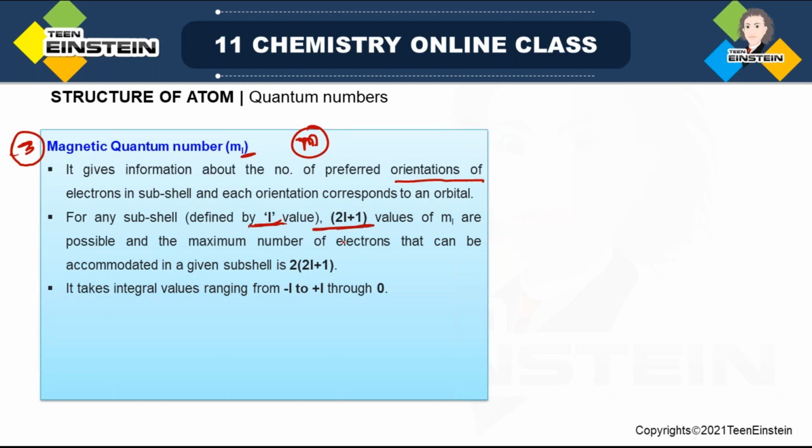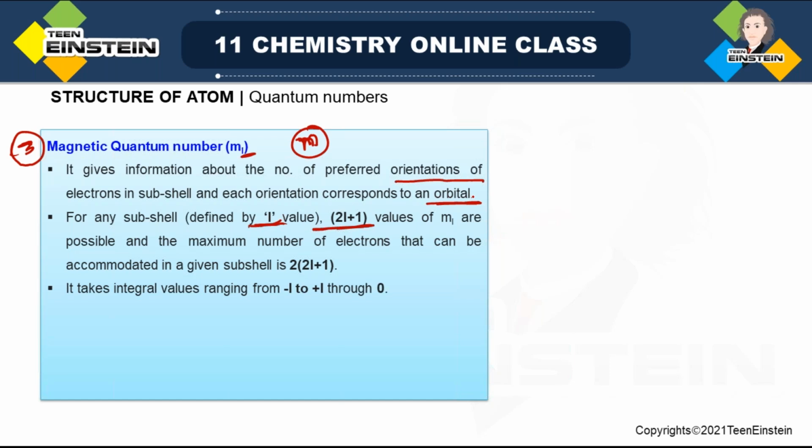Similarly, you can put l equal to 1, l equal to 2, and you can get the corresponding number of ml, that is, how many possible orientations. That number you will get from 2l plus 1. Fine. So 2l plus 1 is the number of possible values of ml, and each of these basically corresponds to an orbital.